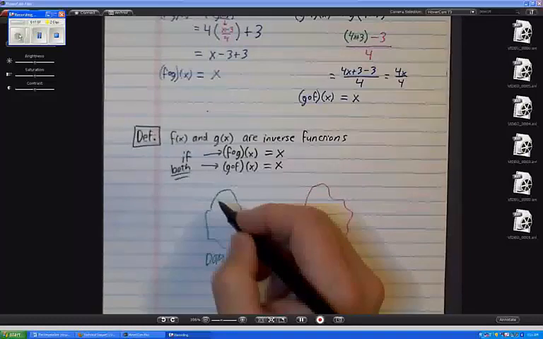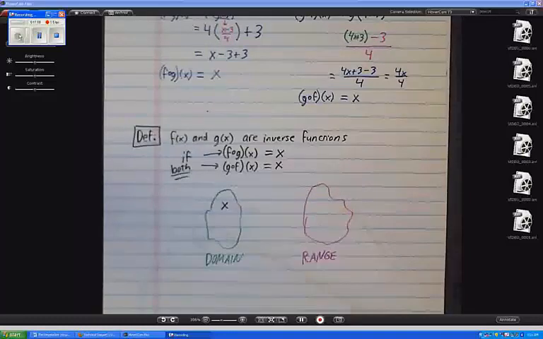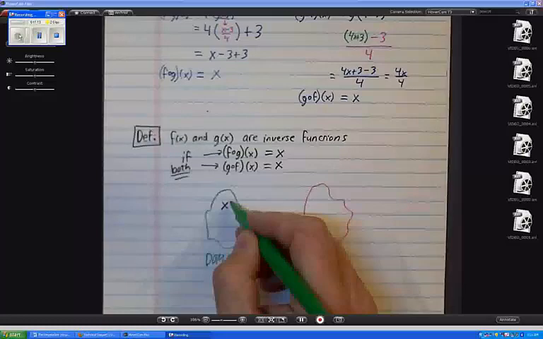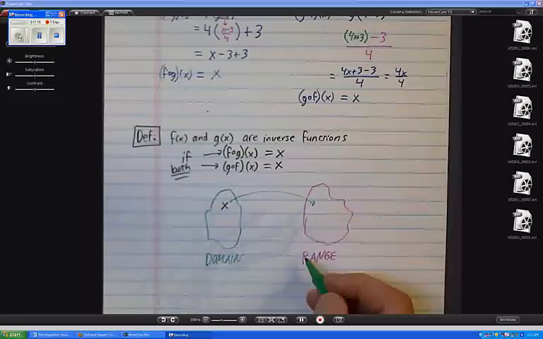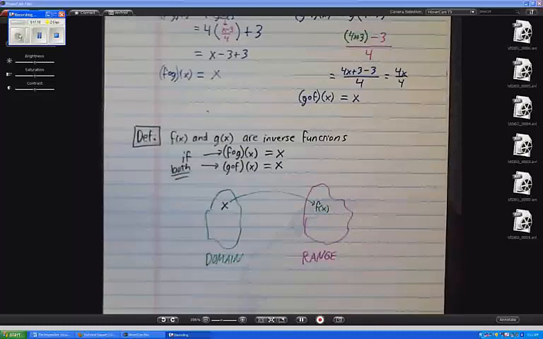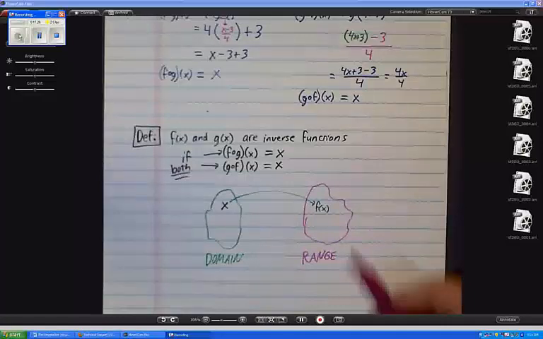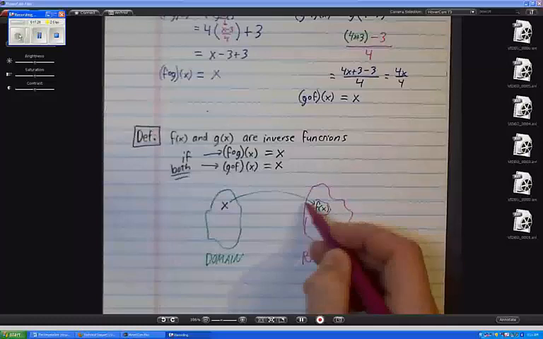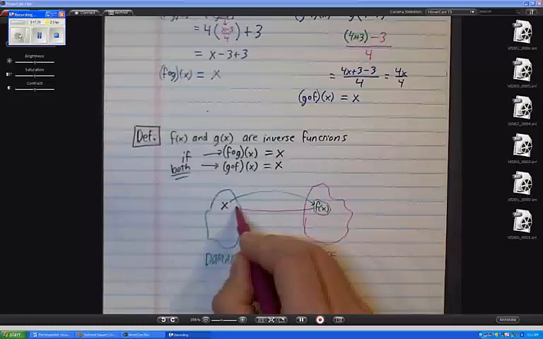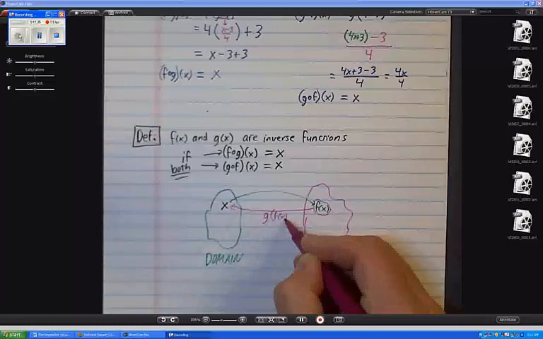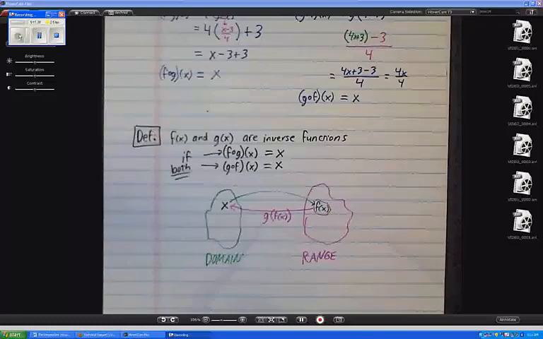If I pick some x, and I apply the map f, well, over here, I'll have something called f of x. Does that make sense? And then what I want to have happen is, if I take f of x and apply g to it, I want g of f of x to be what? X. I want to be able to undo what I just did. That's the idea of inverse functions.